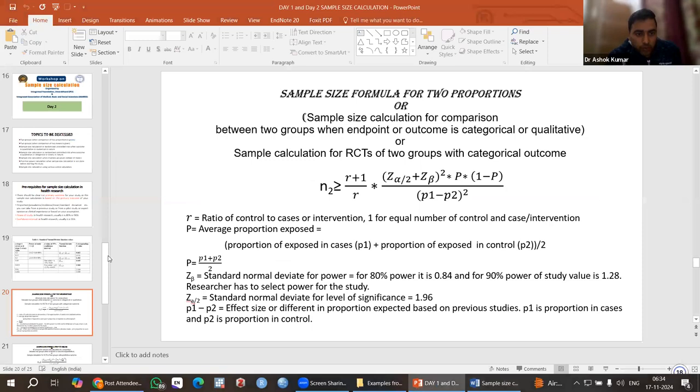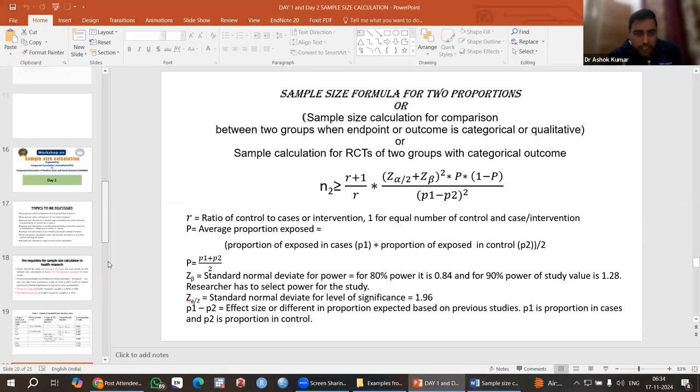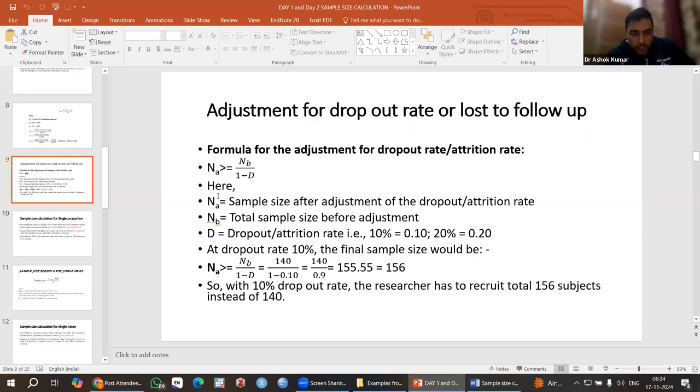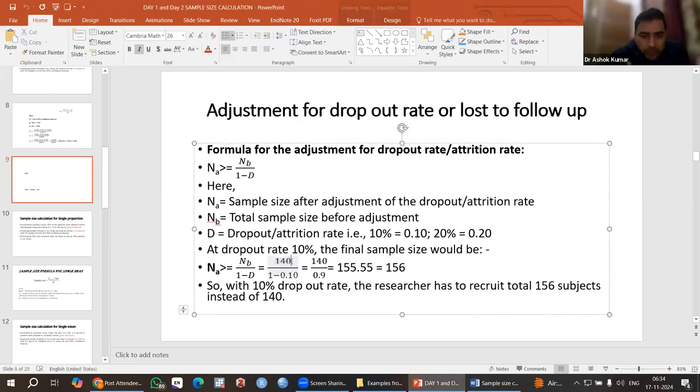For dropout, we did this yesterday, but I'll give a demo again. Here NB is the number before adjustment. So I write down 190 at 10%.